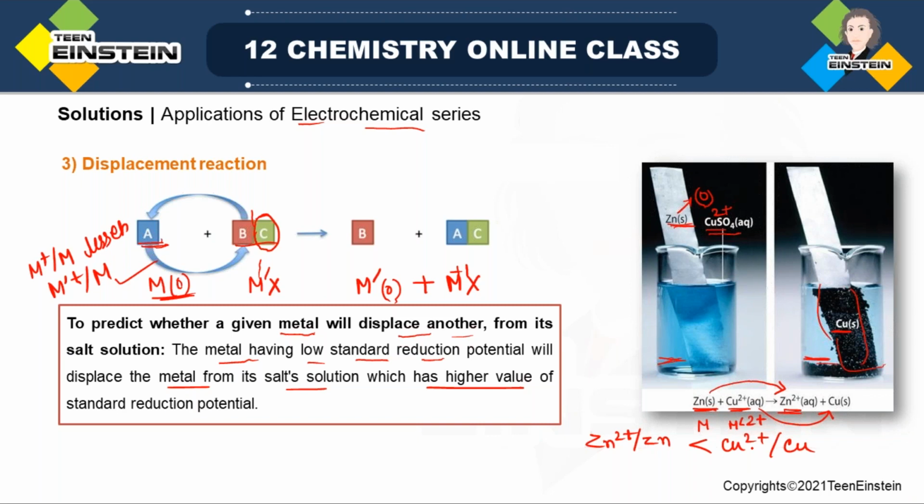But if we do the opposite reaction, suppose you dip a copper strip in zinc sulfate solution, then the opposite reaction, that is deposition of Zn from Zn2 plus on this metal strip, will not take place, because the reverse reaction is actually possible, so this is not possible. Is there any doubt?